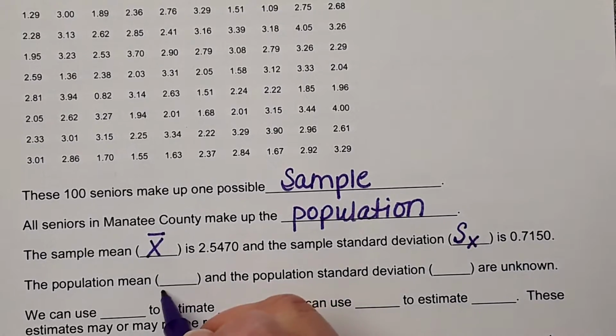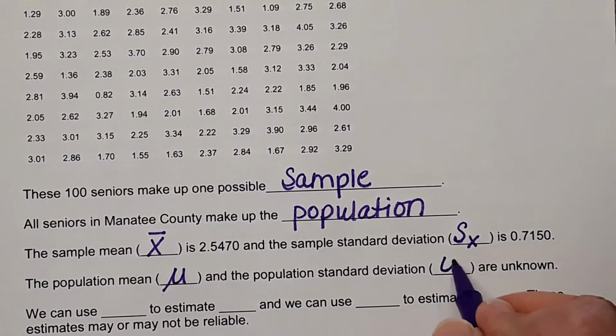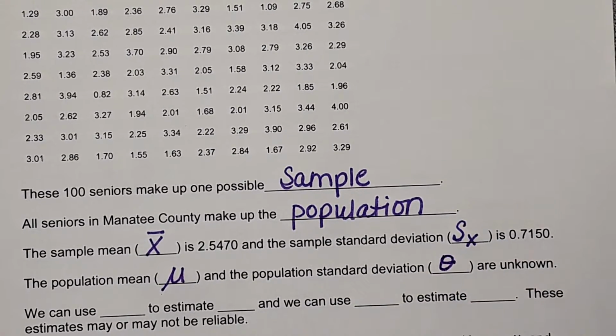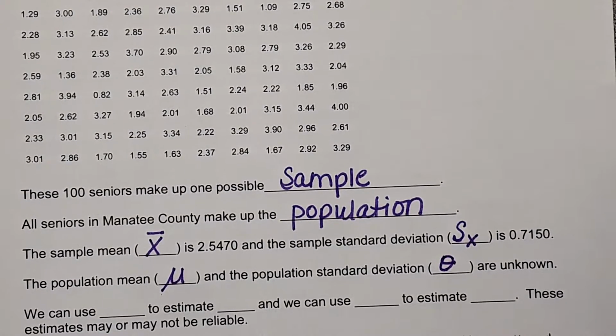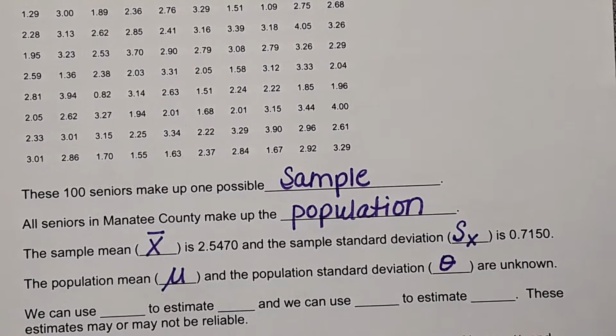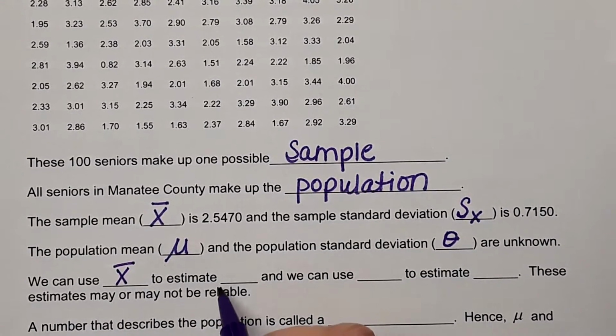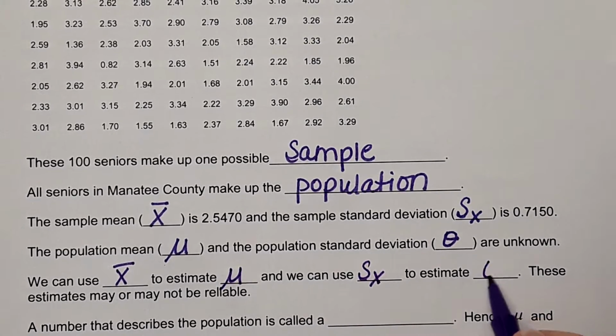The population mean, which is mu, and the population standard deviation are unknown. So just like what I just said to you guys, we can use X bar to estimate mu, and we can use S of X to estimate sigma.